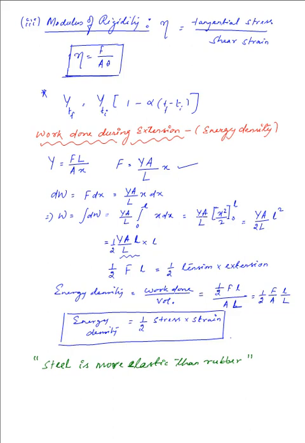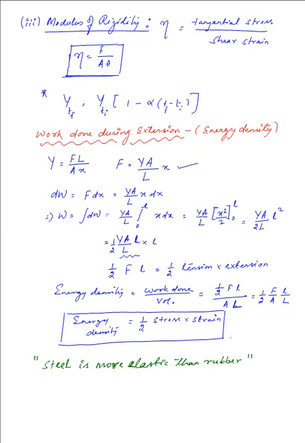Obviously, the rubber gets extended, and the more the extension, the more is the value of the strain. And with greater strain being there in the denominator for a given modulus of elasticity, we have a lesser coefficient of elasticity. So the coefficient of elasticity of steel is obviously going to be greater than the coefficient of elasticity of rubber.